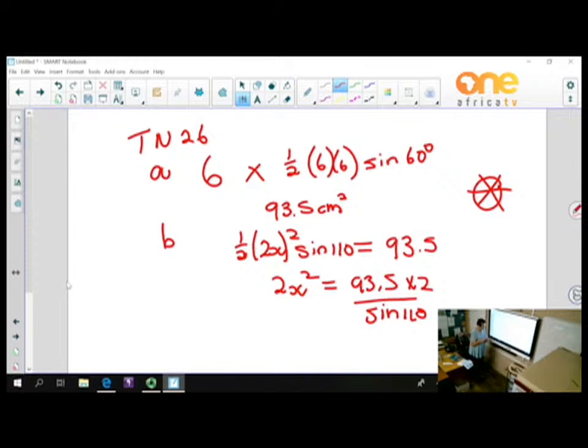So 93.5 divided by sine 110 divide by 2. So I got 49.59. And if we root it in there, it will be 7.04.